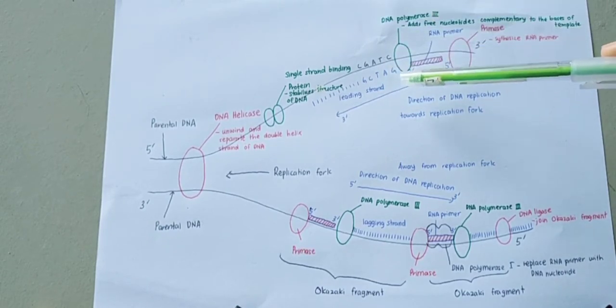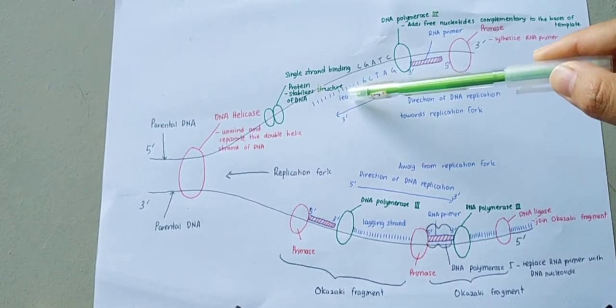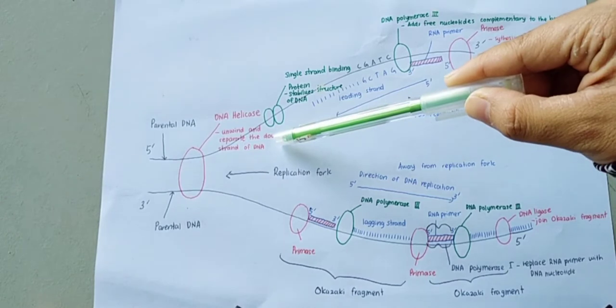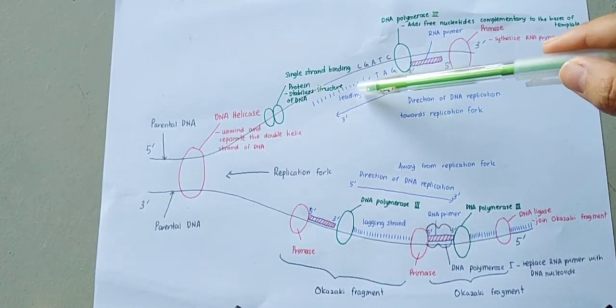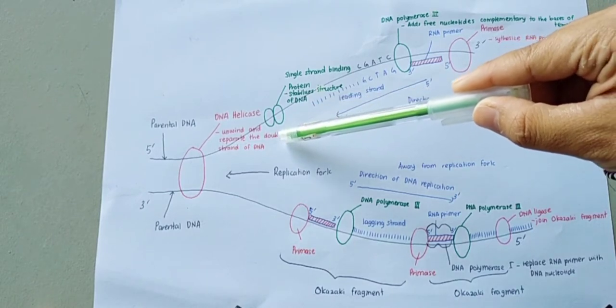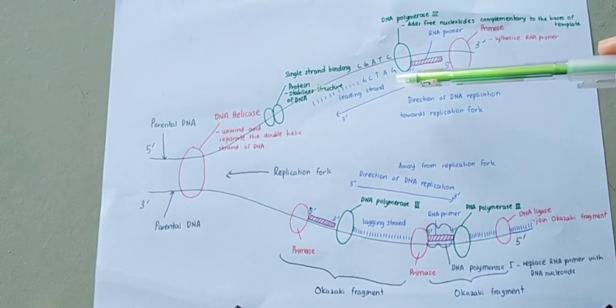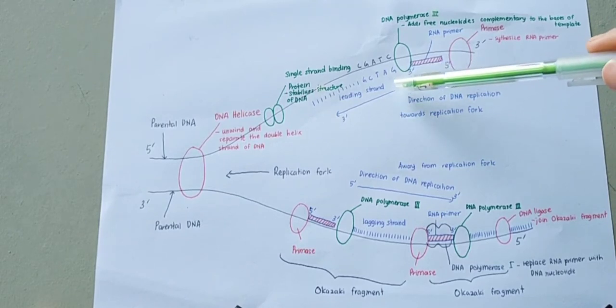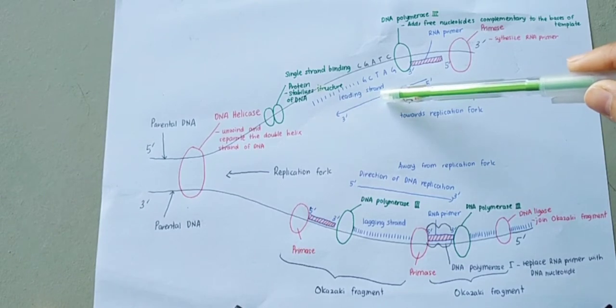Okay, so DNA polymerase 3 will add DNA nucleotides continuously towards the replication fork. Okay, so dia akan tambahkan DNA nucleotide secara berterusan towards the replication fork. So, since the new strand is synthesized continuously towards the replication fork, this strand we call the leading strand.